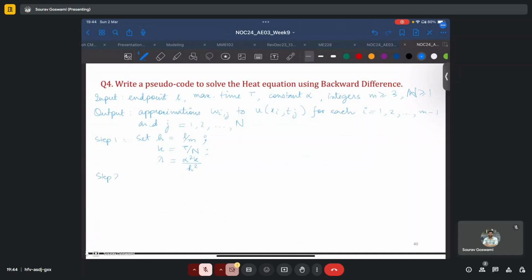In the second step, we start our iteration. So for i equals 1, 2 to m − 1, set w_i equals f of ih.